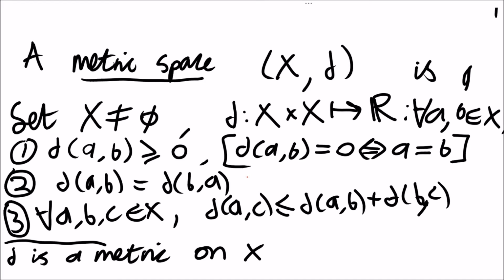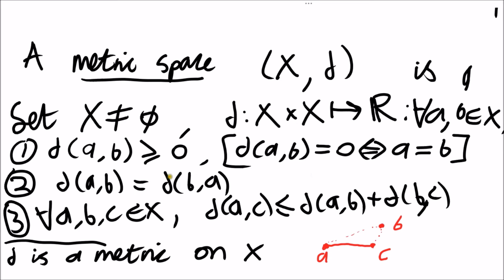If we think about this screen as an ordinary two-dimensional space with the ordinary two-dimensional metric or distance measure, then it's easy to see that the triangle inequality holds. If we have three points a, b, and c, then of course the distance from a to c is less than or equal to the distance from a to b plus the distance from b to c.